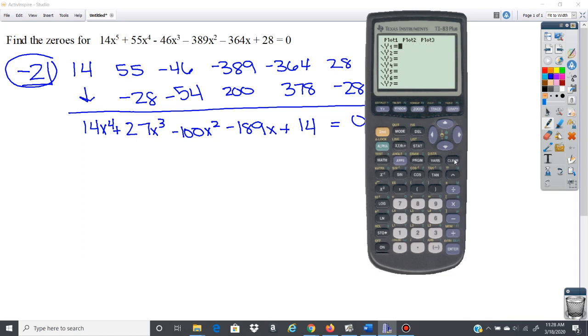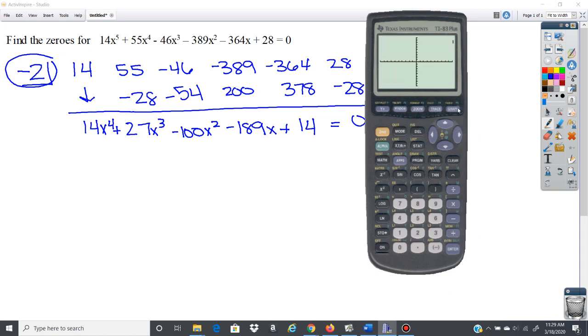Y equals, clear, 14x to the 4th plus 27x cubed minus 100x squared minus 189x plus 14.